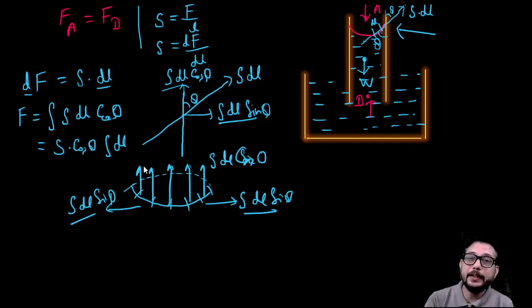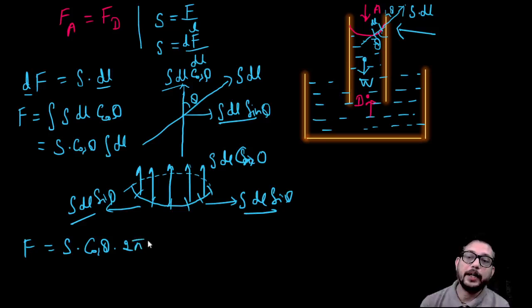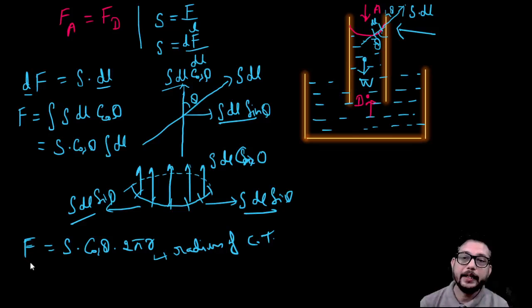And what is dl? It is the periphery, or the circumference, of the meniscus or the layer. So we have force equal to S into cos theta into 2 pi r, where r is the radius of the bore, or the radius of the capillary tube.